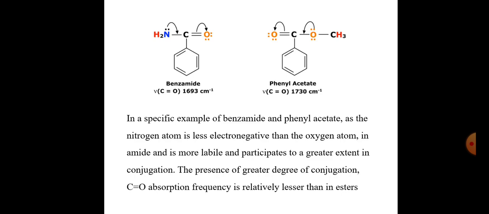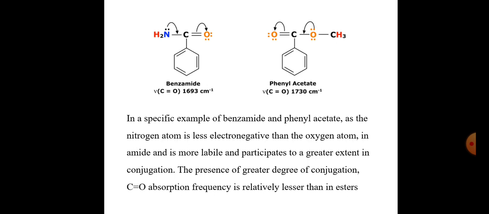In another case, a specific example of benzamide and phenyl acetate. Nitrogen is a less electronegative atom compared with oxygen, because oxygen is the second most electronegative atom and nitrogen is the third. In amide, the nitrogen lone pair is more labile and participates to a greater extent in conjugation.